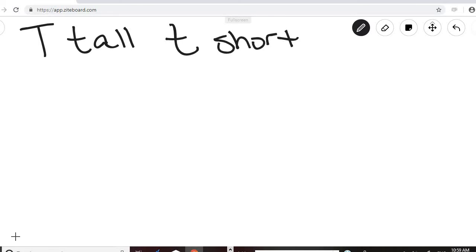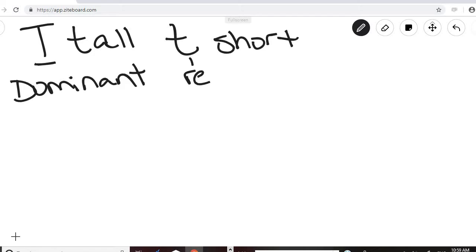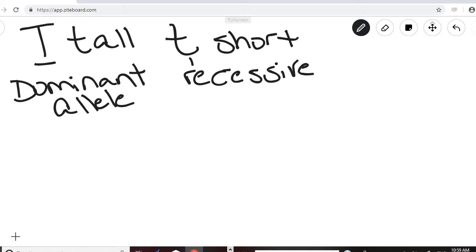So those are our two alleles for height. So we would say this is dominant. And we usually use the capital letter to indicate a dominant allele, and the lowercase to refer to a recessive allele.